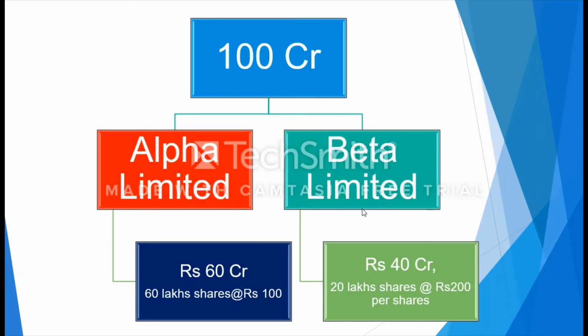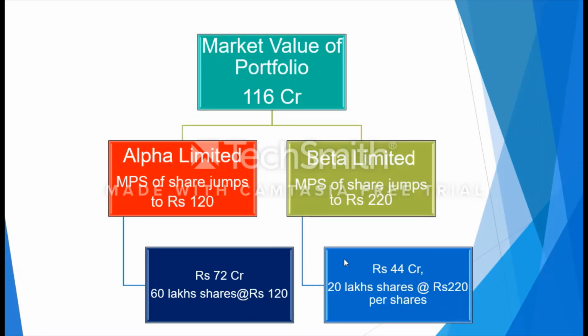Now, obviously, at the time of investment the price of this share is 100 rupees and Beta 200 rupees. It keeps on changing on a daily basis. So let's assume on one given day, the price of Alpha Limited jumps to 120 and the price of Beta Limited is showing rupees 220.